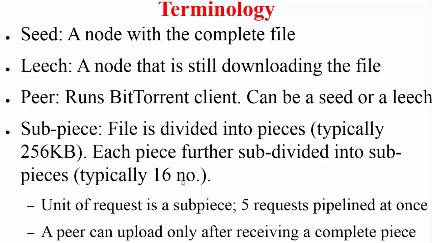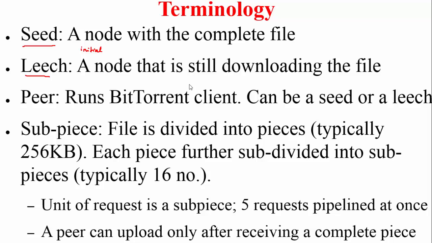So BitTorrent uses certain terminology which let's get familiarized with before we proceed further. I mentioned this before, a seed is nothing but a node that has the complete file. There is definitely an initial seeder, but as other people download the files, they can also become seeders. A leech is a node that is still downloading a file.